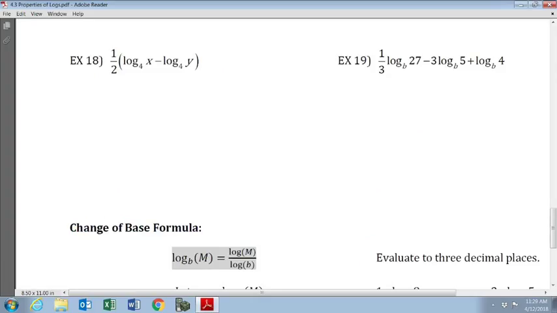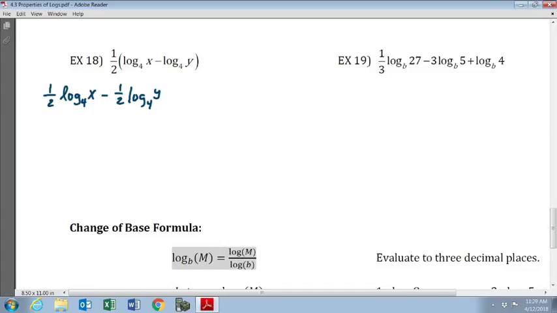All right, so on number 18, I think the first thing I'd want to do is distribute that 1/2. That's about all we can do at this point. All right, and so actually I'm thinking about this.